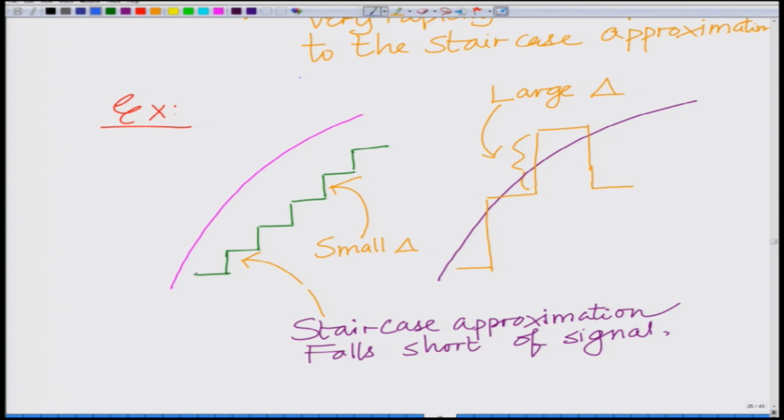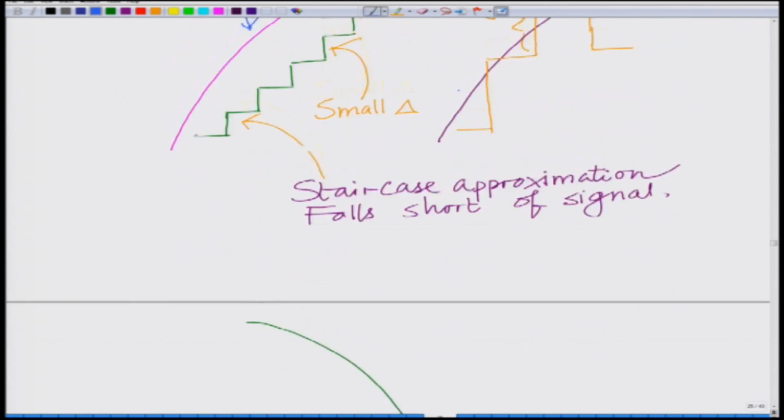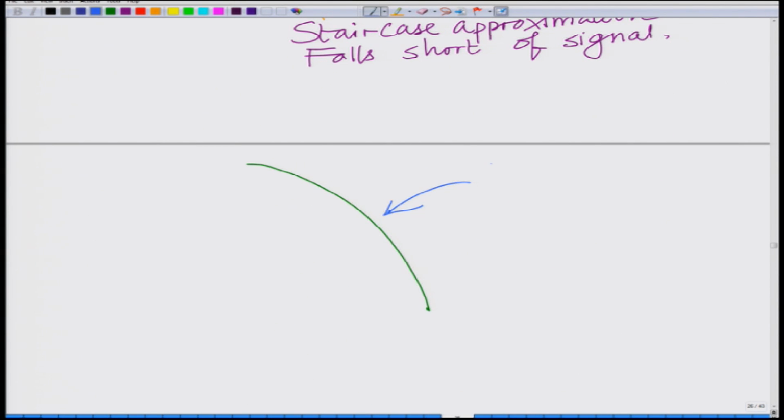Similarly, if the signal is falling rapidly, on the other hand, here the signal is rising rapidly, and here the signal is falling very rapidly.